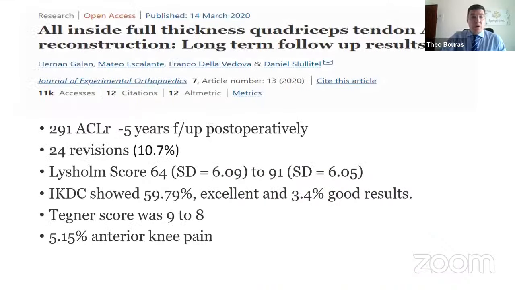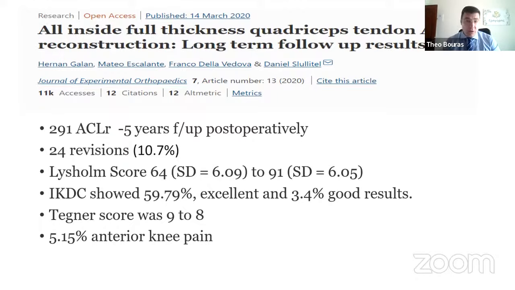Going into the literature, this study from 2020: 291 ACL reconstructions with 5 years follow-up. The authors here had 24 revisions, 10.7%, which is quite high. It's higher than the Danish registry.